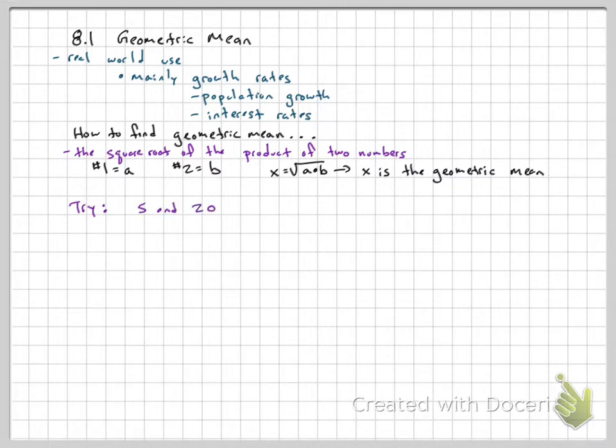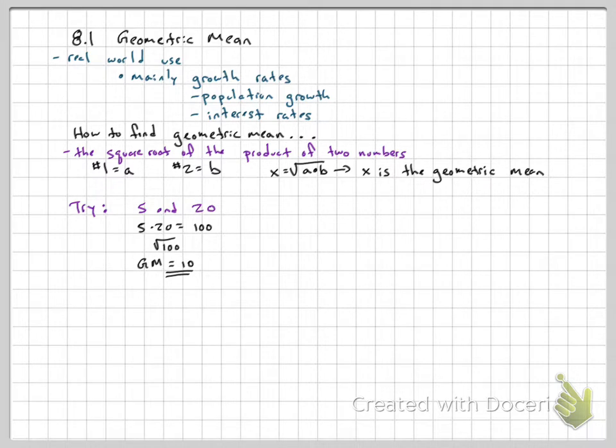So let's take 5 and 20. So my first thing I would do is I would multiply 5 times 20. That gets me 100, and then I'm taking the square root of that number, so my geometric mean is 10. So notice, right, that the geometric mean is not something that's directly in the middle.